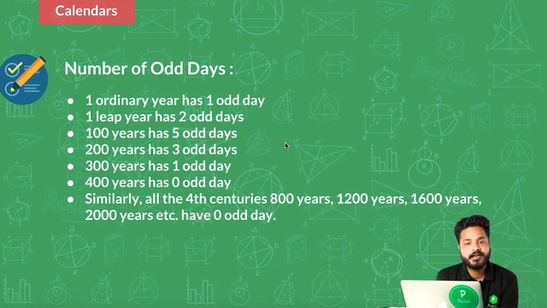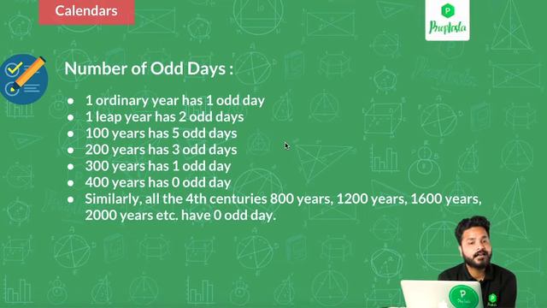One ordinary year has 1 odd day because there are 365 days in an ordinary year. When you divide 365 by 7, you get 52 complete weeks and 1 single odd day, because 364 is completely divisible by 7, giving a quotient of 52 and a remainder of 1. So an ordinary year has 1 odd day.